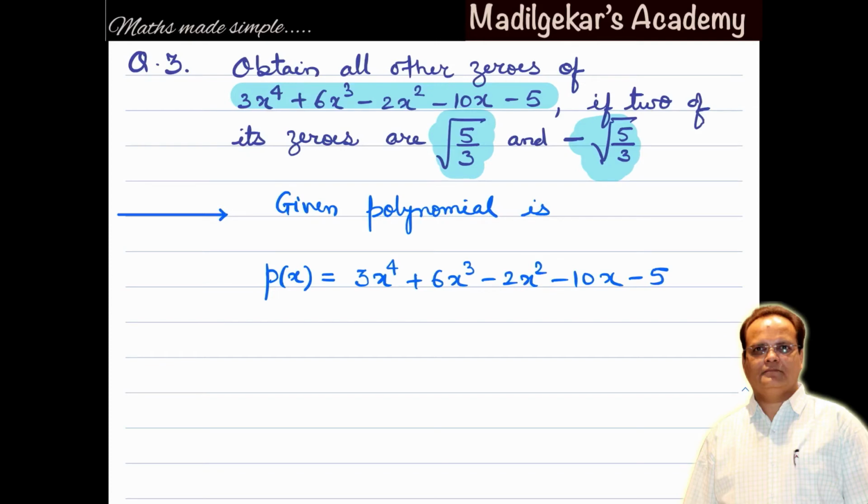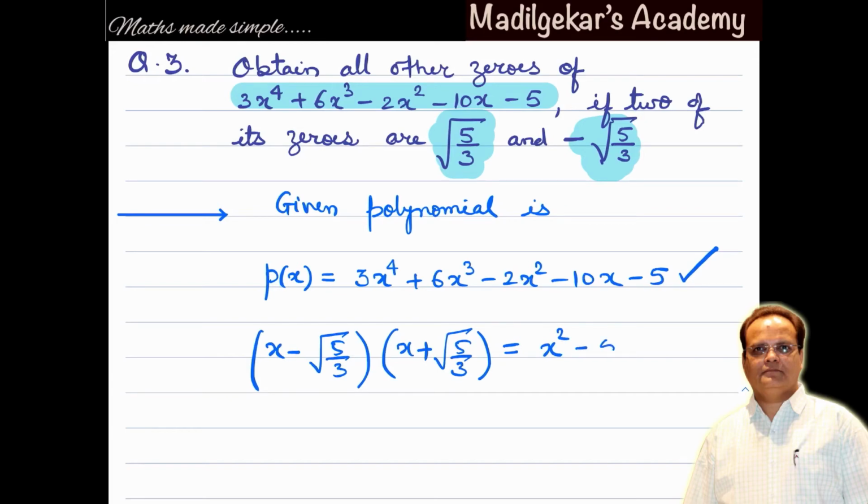Since root 5 by 3 and minus root 5 by 3 are zeros of this polynomial p of x, we can take x minus root 5 by 3, x plus root 5 by 3 as factors. On multiplying these two factors, we get x square minus 5 by 3, that is 3x square minus 5 upon 3.